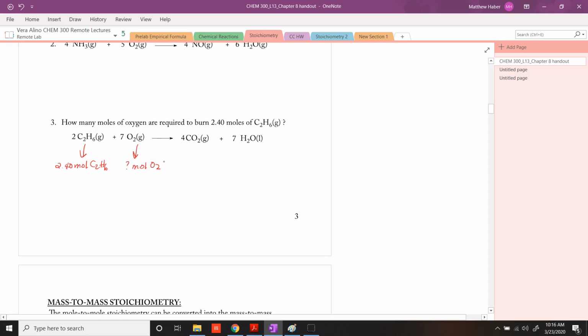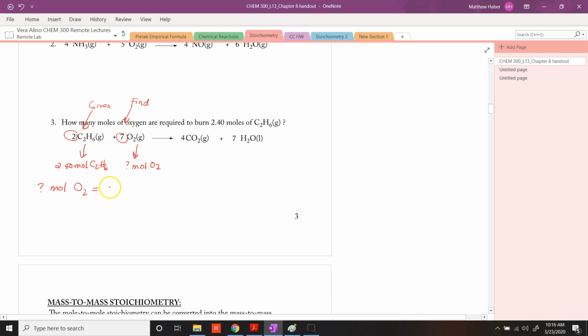Here, we're going to use the stoichiometric coefficient of what is given and what is asked for. Notice that there are several stoichiometric coefficients found, but we're only going to focus on what is given and what you are asked for in the problem. So to solve this problem, let's set up the dimensional analysis.